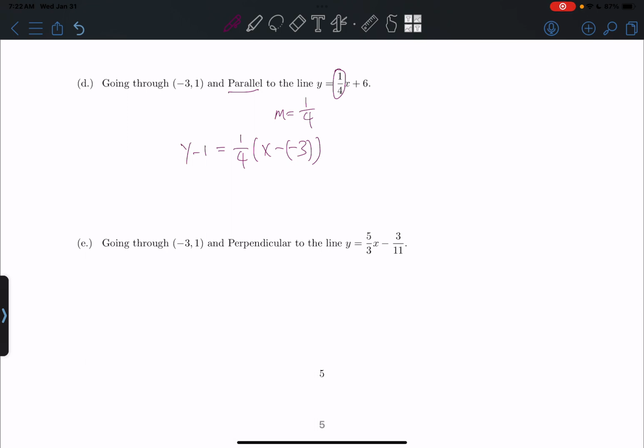Similarly to parallel, perpendicular lines have a certain format, right? The slope is opposite and reciprocal. So m here is the opposite and reciprocal of this number, so negative 3 over 5.